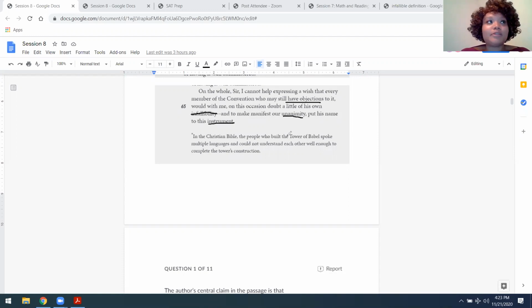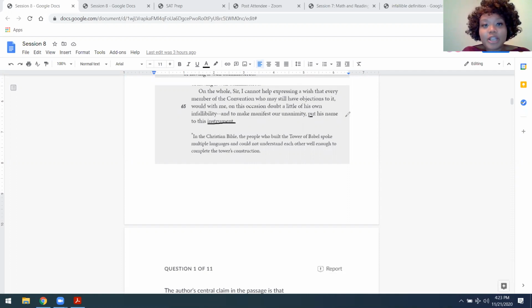When you read these passages from history, just be ready that they're going to be extra. They wore powdered wigs back then, and makeup, the men. So they're extra, the kind of extra for no reason. They're extra in their wording, and they're dramatic. They live for drama. So he's talking about put his name to this instrument. This instrument is just a tool.